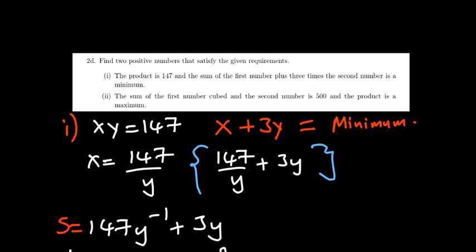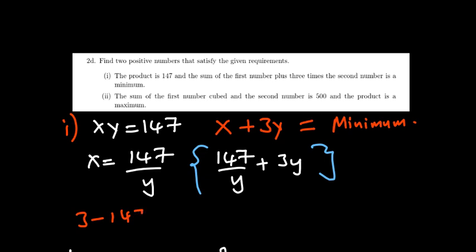So we've differentiated. Now at the point where the derivative is equal to 0, it is a maximum point or a minimum point. Let's see what we're going to expect. So if you set that to 0, 3 minus 147 over y squared equals 0.